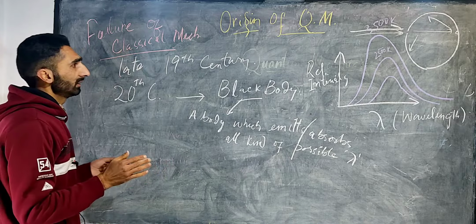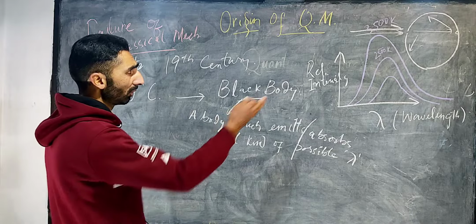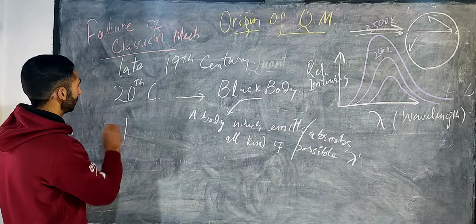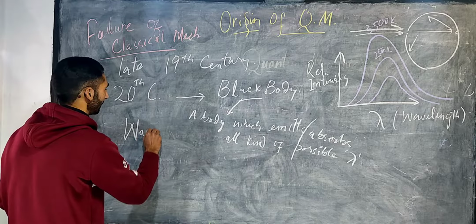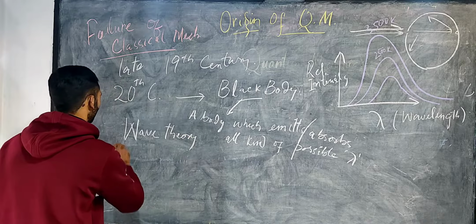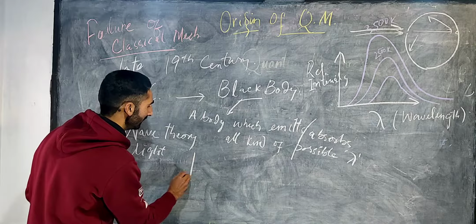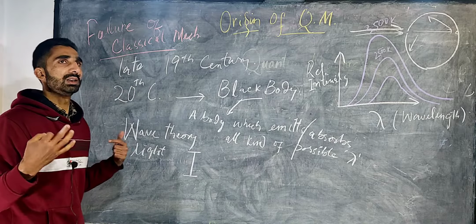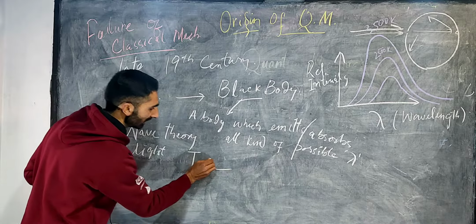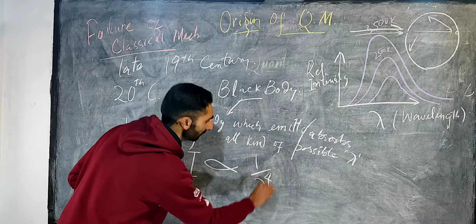So what they studied: if we consider classical mechanics to be true for this black body radiation as well, what does the wave theory of light say? The wave theory of light says that the intensity of the radiation emitted by a body is inversely proportional to the fourth power of the wavelength.